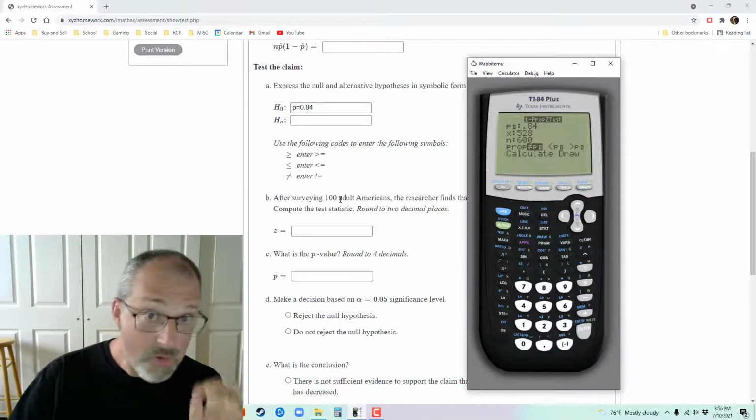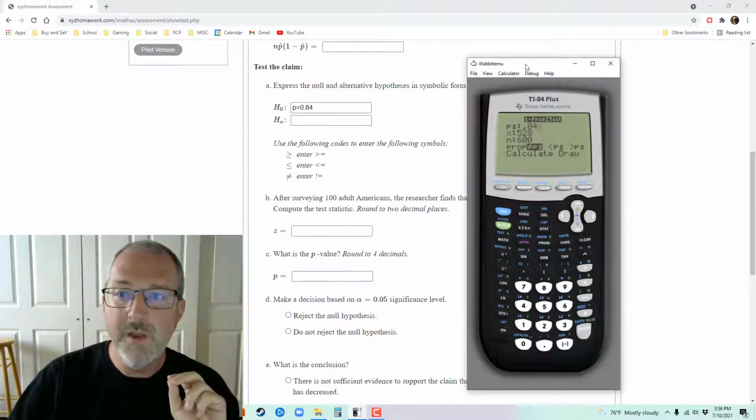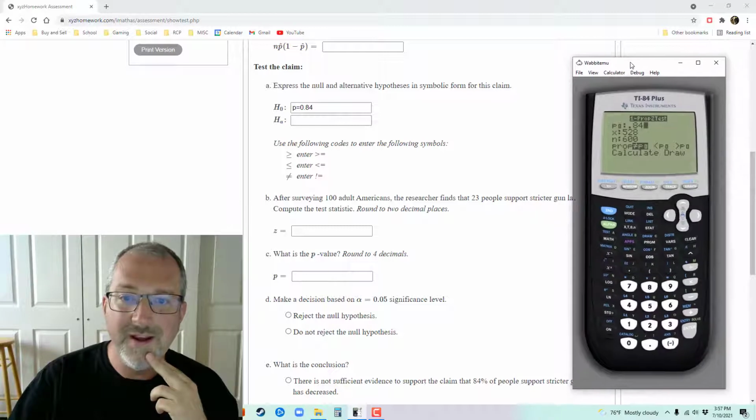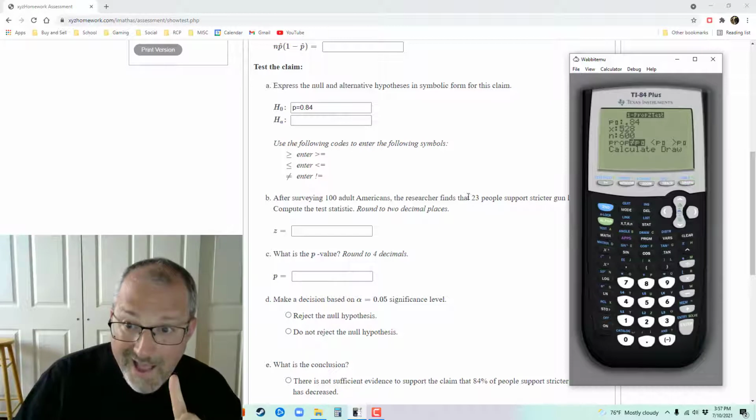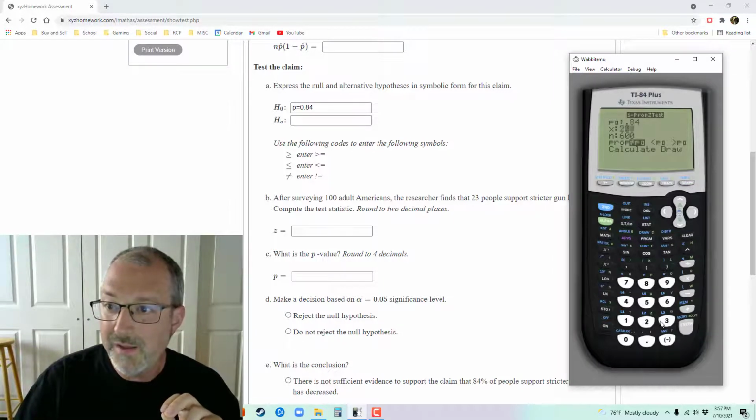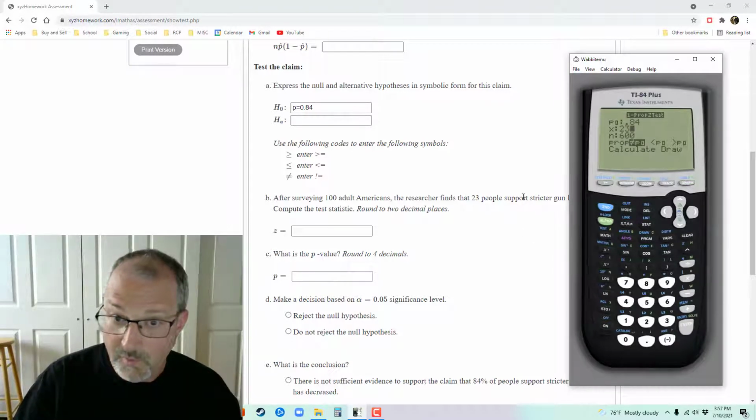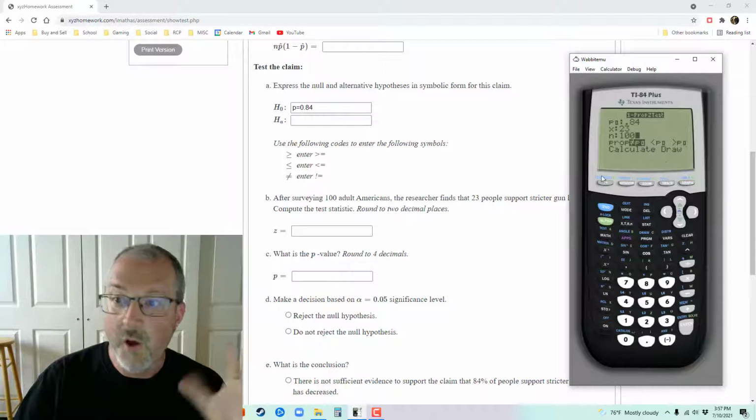Now, don't go back up to the top, because now in part B it says, after surveying 100 adult Americans, the researcher finds out that 23 people support stricter gun laws. So there's my X, 23, those who support stricter gun laws, and then my N is 100. So here's my 100. Now it asks me to calculate the z-value, and then it will give me the p-value.